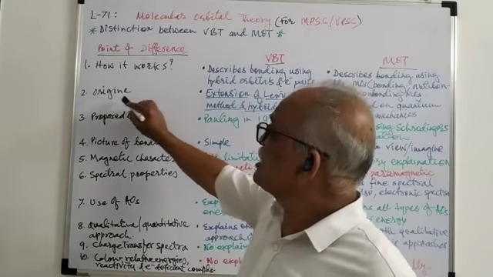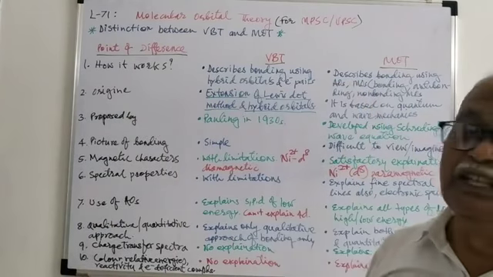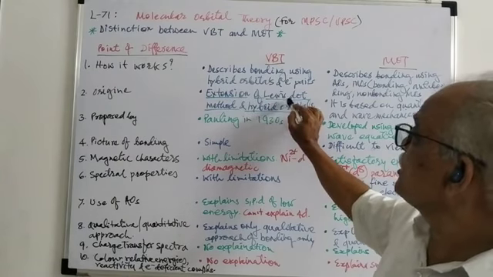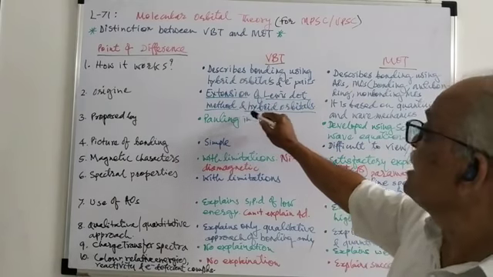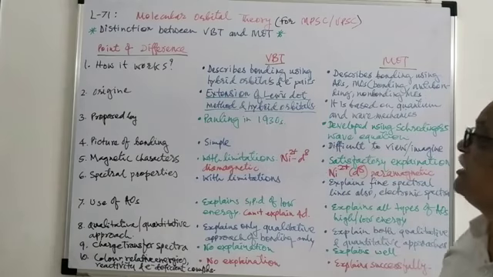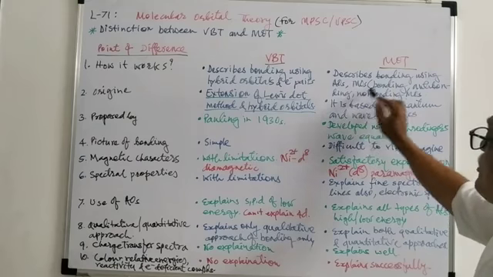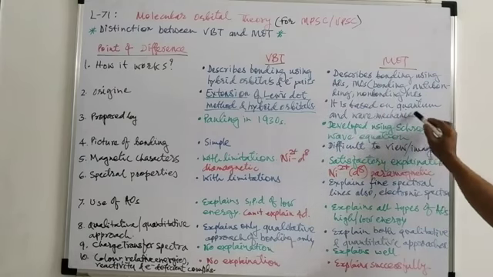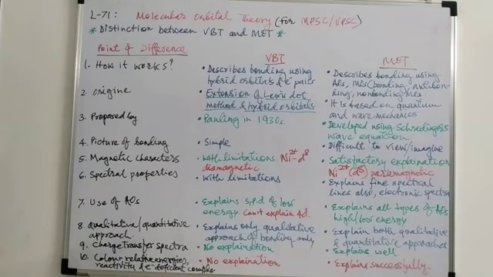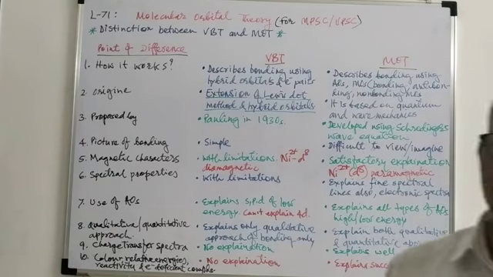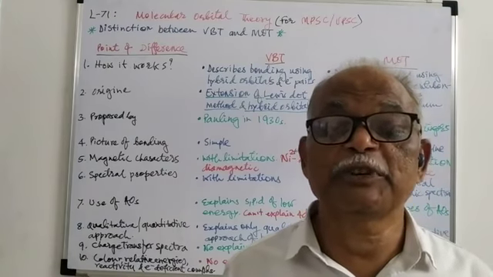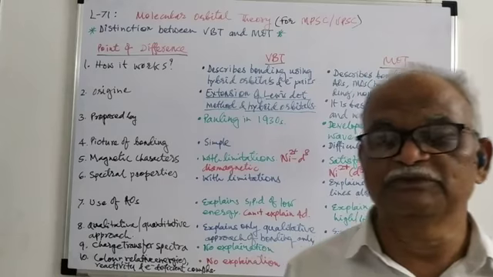Then the next point is origin, how the theory originated. VBT originated as an extension of the Lewis dot method and hybridization, using hybrid orbitals. Molecular orbital theory originated on the basis of quantum and wave mechanics. So this is the most advanced theory and therefore it provides better explanation.